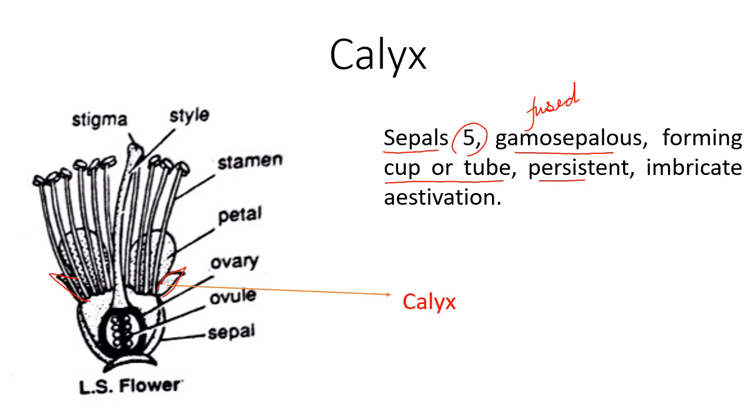They remain persistent, and show imbricate type of estivation. Now let us learn what imbricate estivation is, where one of the sepals is completely out, one of the other sepals is completely in, and the remaining 3 sepals are alternating.